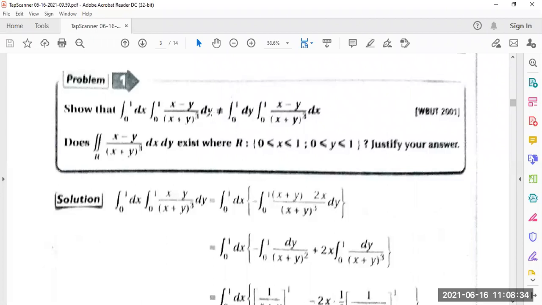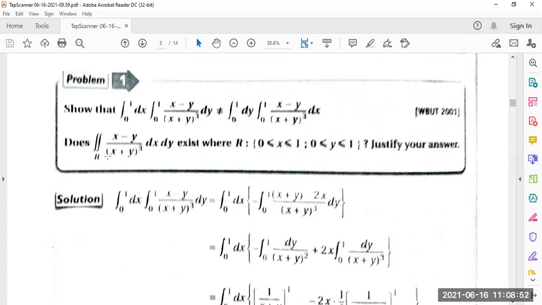That means here integration is done first with respect to y, then with respect to x. But here the integration is done with respect to x first, then with respect to y. So we have to show that both are not equal.